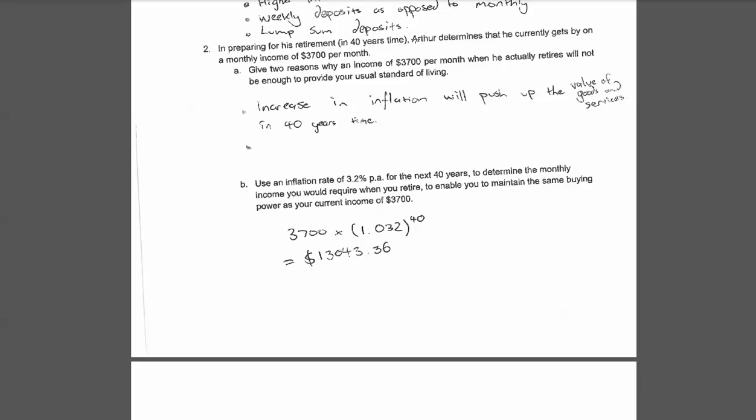This one basically says, in preparing for his retirement, Arthur determines that he's currently getting a monthly income of $3,700. Give 2 reasons why the income of $3,700 per month when he decides to retire will not be enough to provide your usual standard of living.